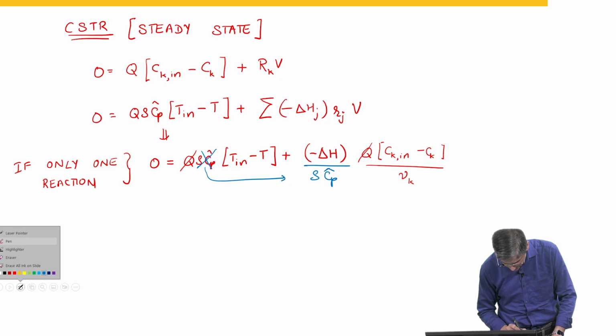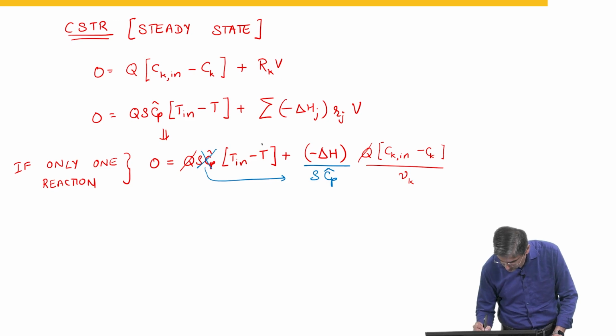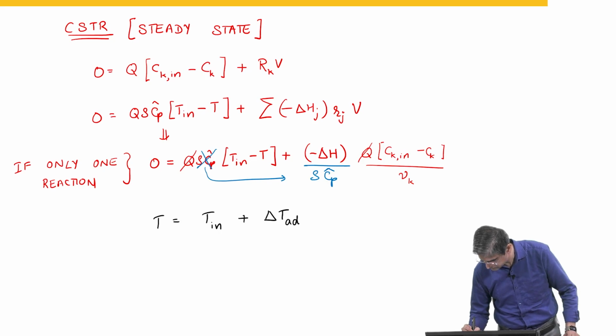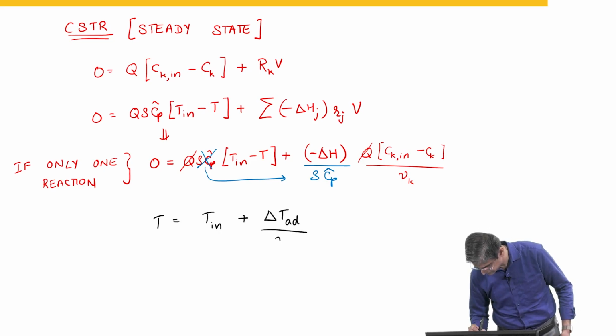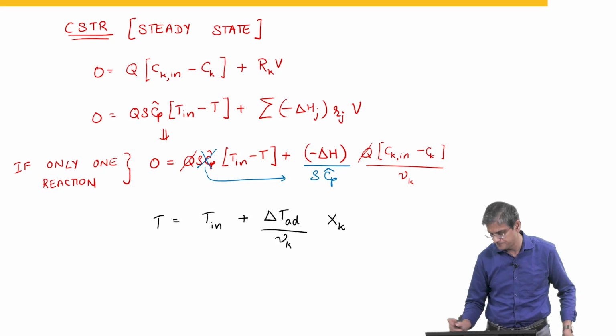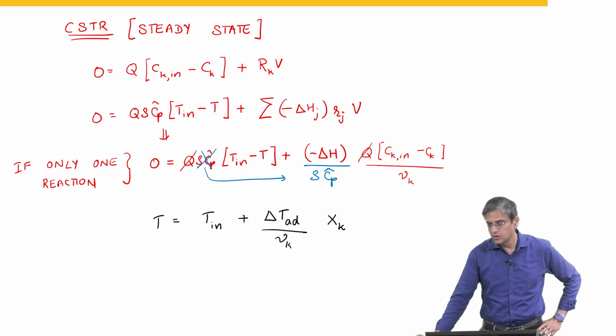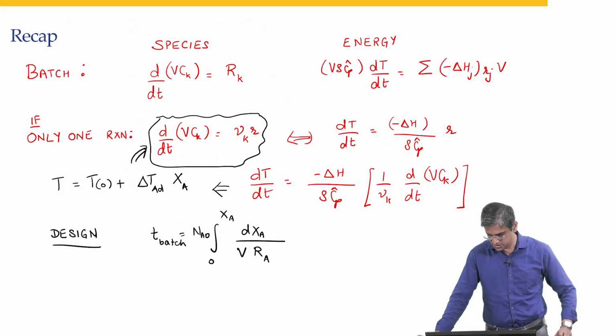You take your T onto the other side, and you are going to get this. This is essentially the same thing that you got from here.